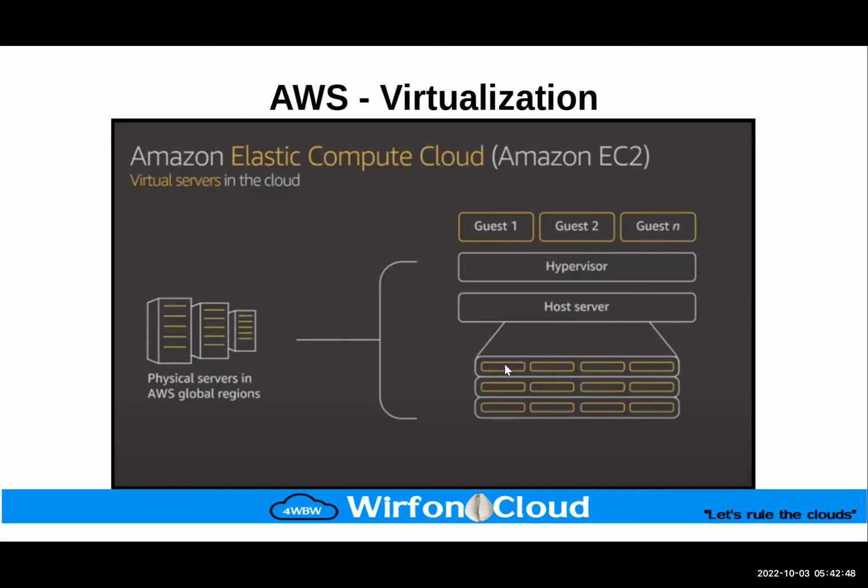So in a region, you have your host server, then you have your hypervisor, and then you have guest one, guest two, guest to whatever power, and your guest here is always the guest operating system. And this is how your Elastic Compute Cloud will look when you have it in a region.